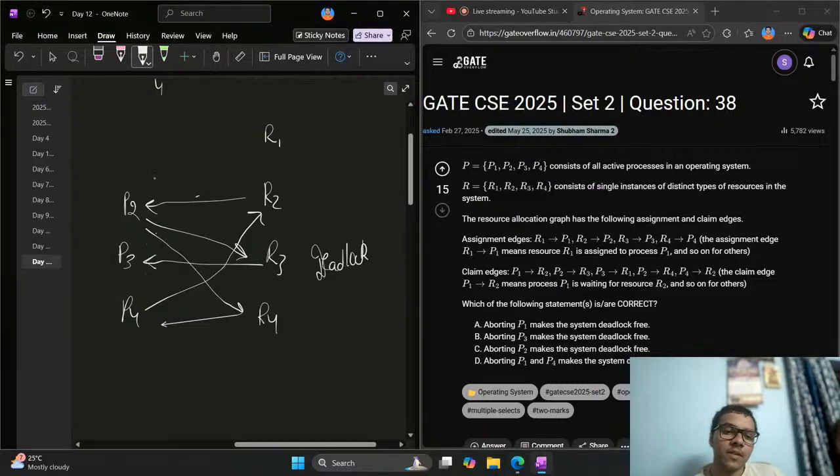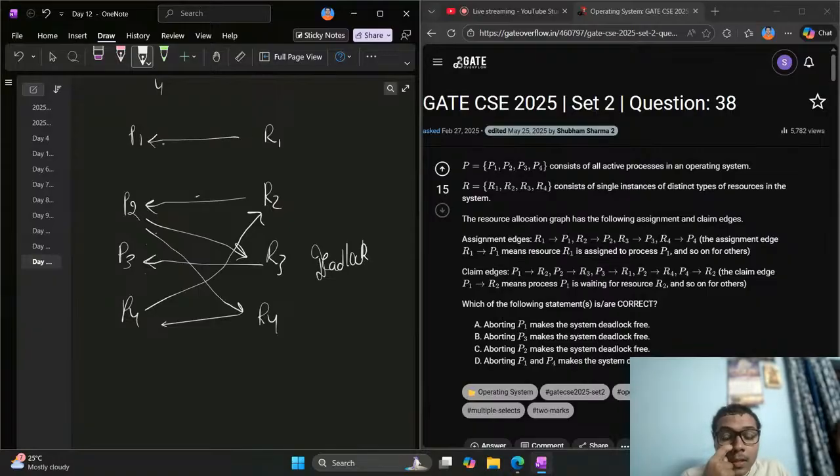So let's come to the initial stage now. So R1 to P1 and P1 to R2. And now, 1, 2, 3, 4, 5, 6, 7, and 8.